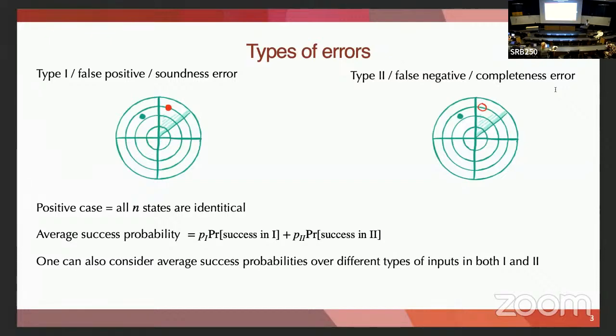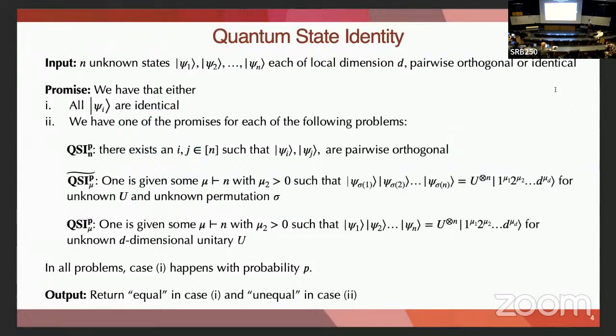Okay, so given this terminology, I'm ready to state precisely the problem we are formulating in this work. The input for our problem is n unknown qubit states, psi1 up to psi n. And we are promised that they are pairwise orthogonal or identical. So the first promise is that they're all identical, which we want to distinguish from the second case.